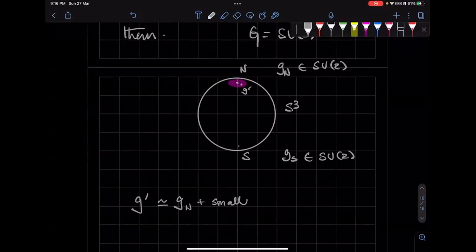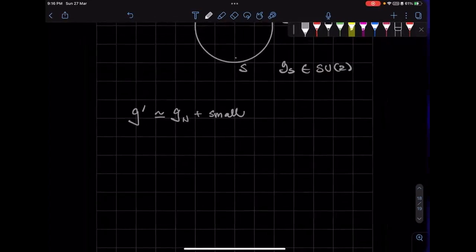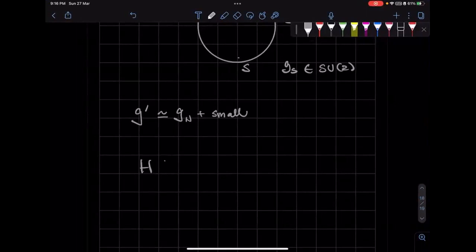Okay. So all I'm trying to say is that because G is a Lie group, there is a notion of nearness or farther away, some notion of distance on it, right? So now if H is a subgroup of G, then we can create a left coset, right?